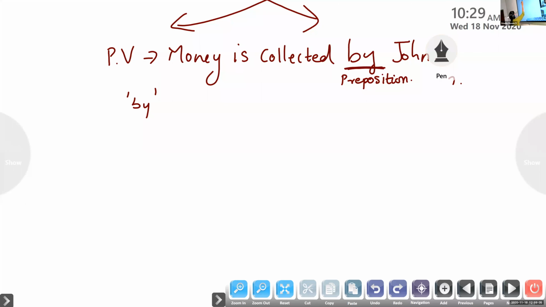In order to avoid confusion, you can write here S in passive voice and here O in passive voice. John is the object in the passive voice. So we should use preposition by before the object of the passive voice.